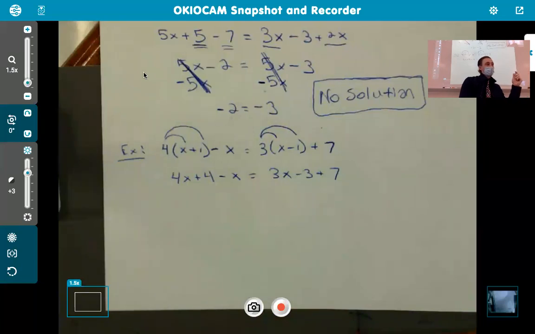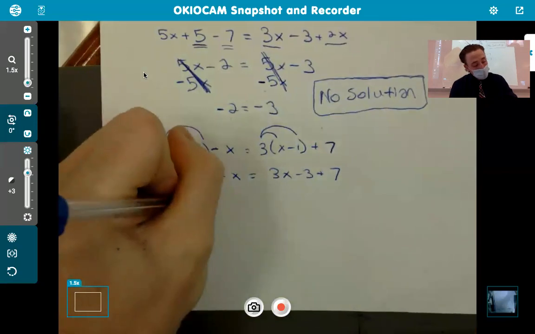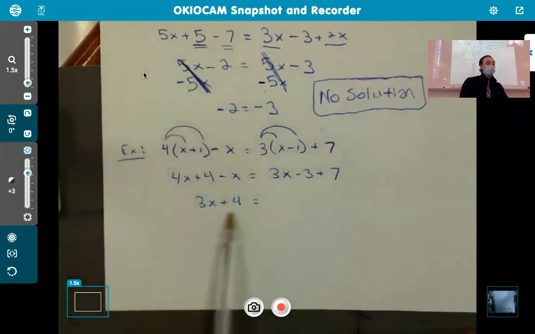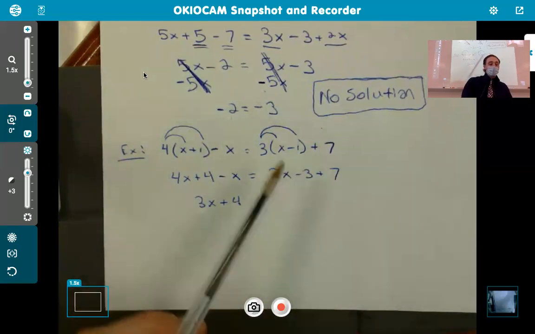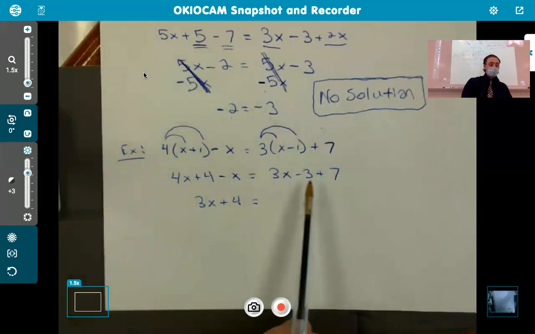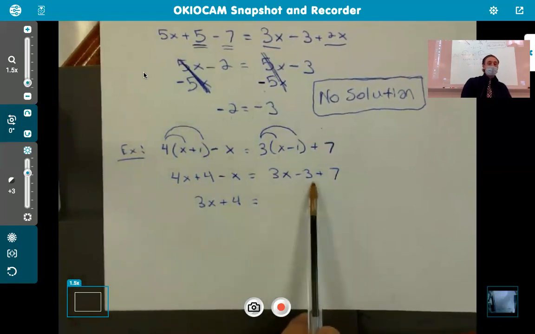What's 4x minus x? 3x, right? And those are the only two terms that I can combine on that side. On the right-hand side, what can I combine? What two terms are common between these three? So I have 3x, -3, and +7.